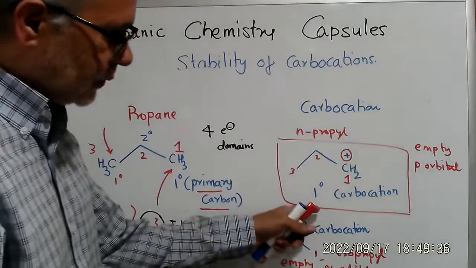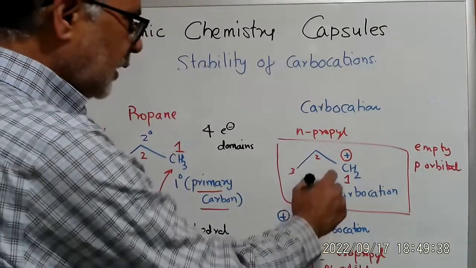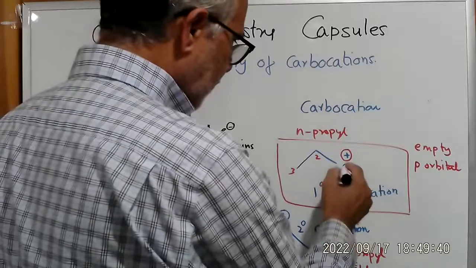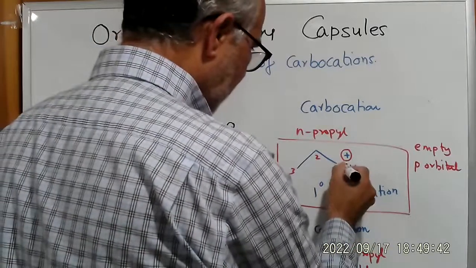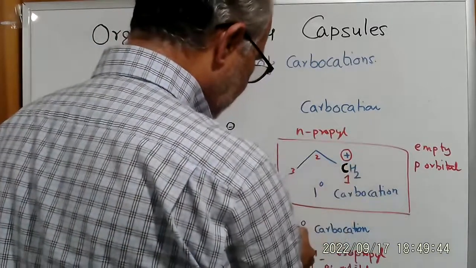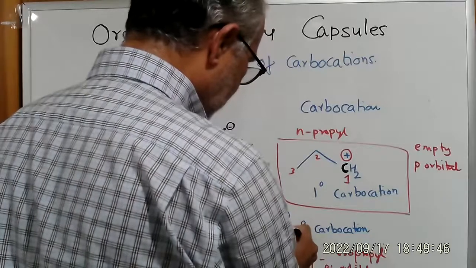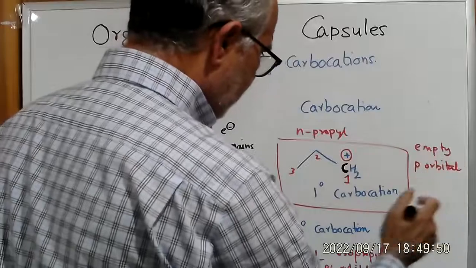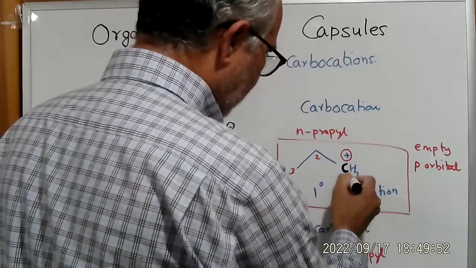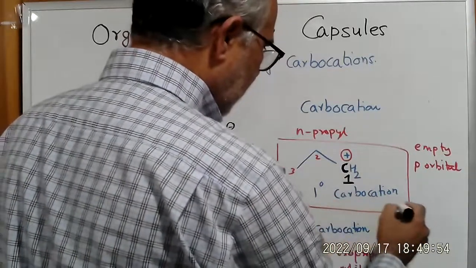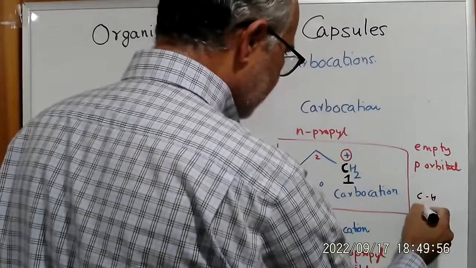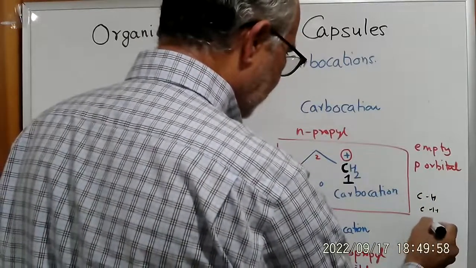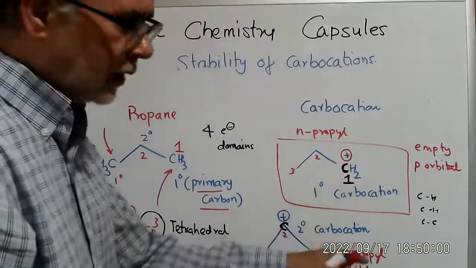In this case, though, there are only 3 electron domains. This carbon here, for example carbon 1, has only 3 electron domains, which are the 2 CH bonds and 1 CC bond. So 3.